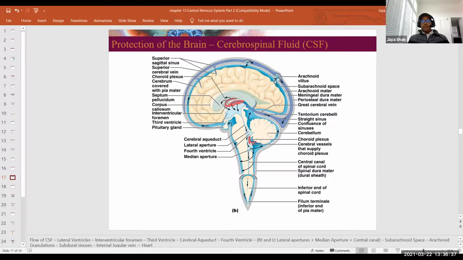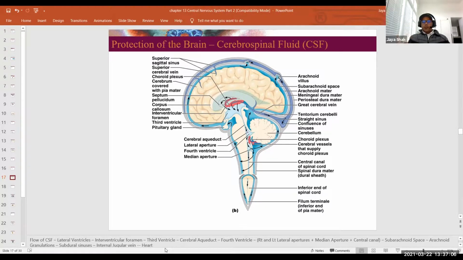And then it comes to the arachnoid villus, which is absorbed into the large veins under the subdural matter, called subdural venous sinuses. And then the internal jugular vein, and then the heart.